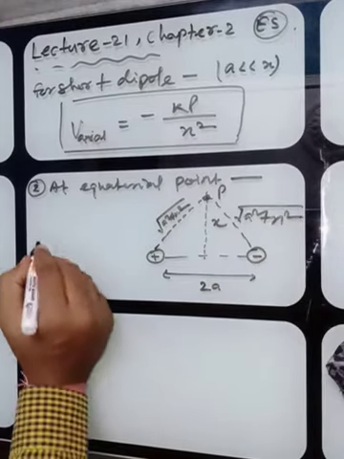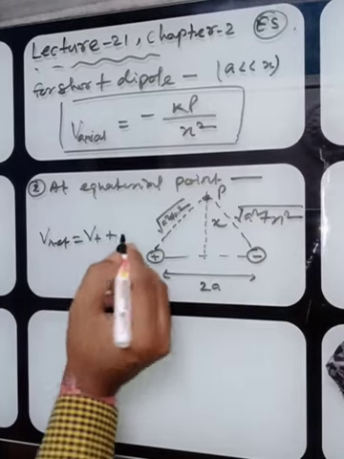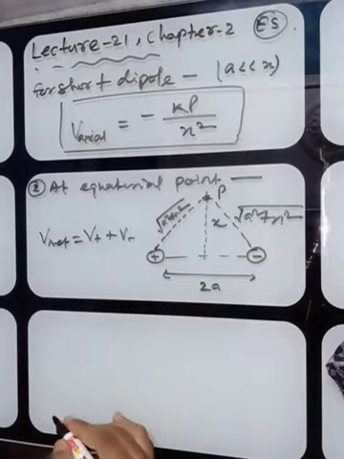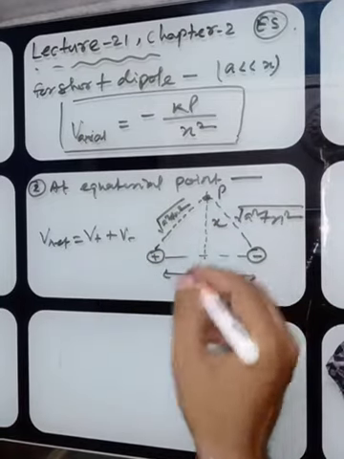If you are writing the potential V net, then you have to write V plus and V minus, that is, the potential due to both the charges. You have to sum up, as it is a scalar quantity.